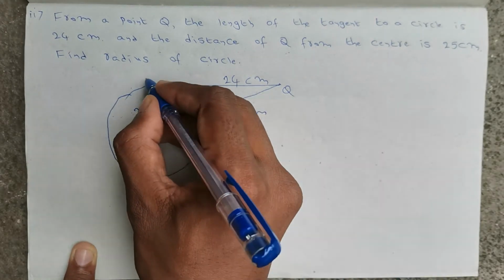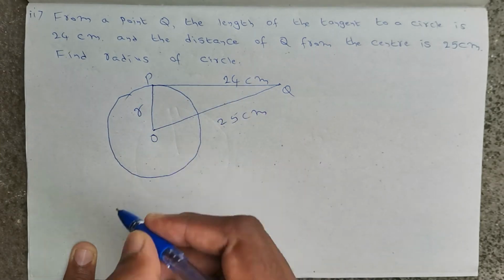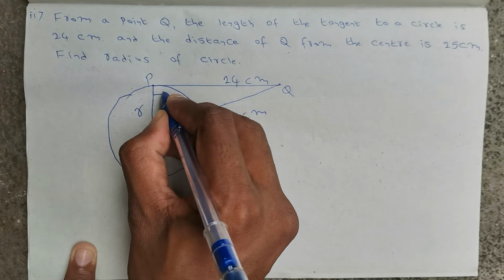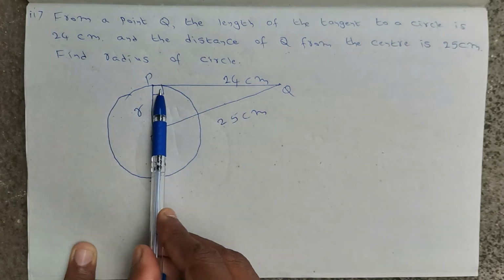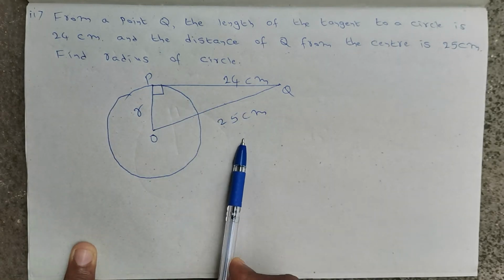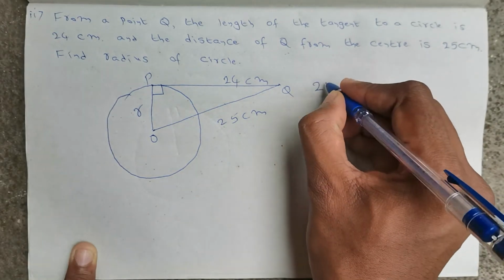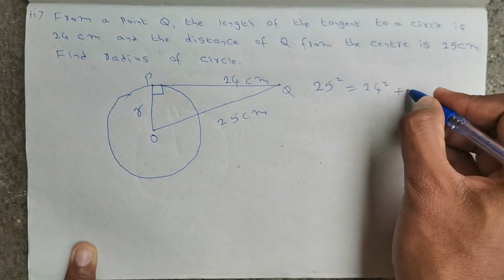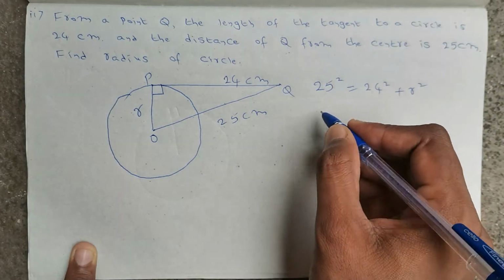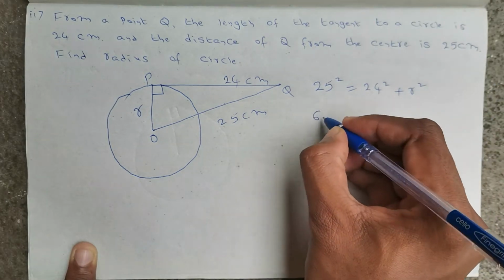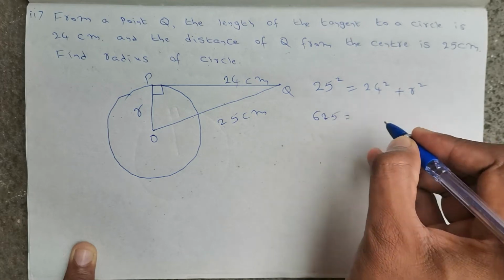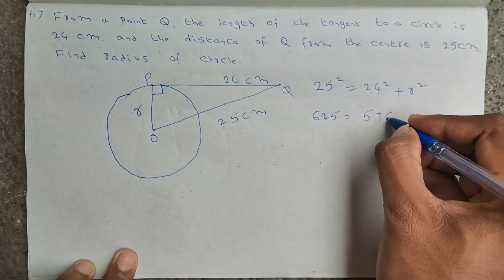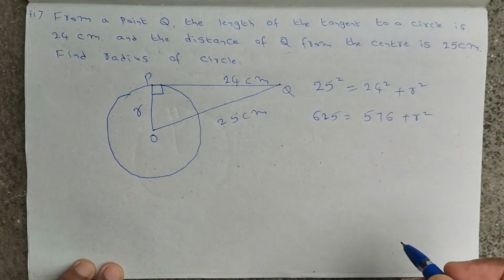So here Q is there, I am making this point P and the center O. Already we know where the radius is touching the tangent, it will form 90 degrees. So if this is 90 degrees, the opposite side 25 is the hypotenuse. Hypotenuse square is equal to first side square plus second side square. 25 square, 625, is equal to 24 square, 576, plus R square.